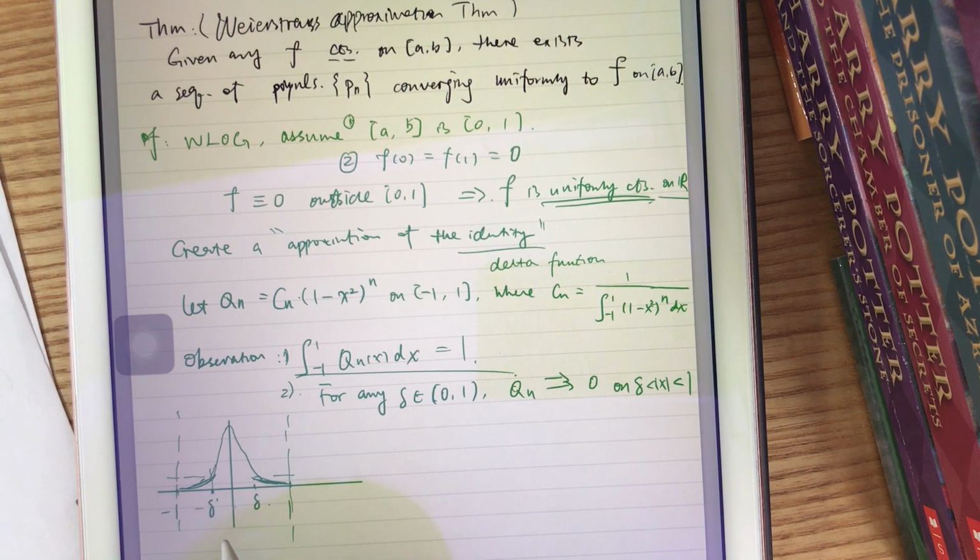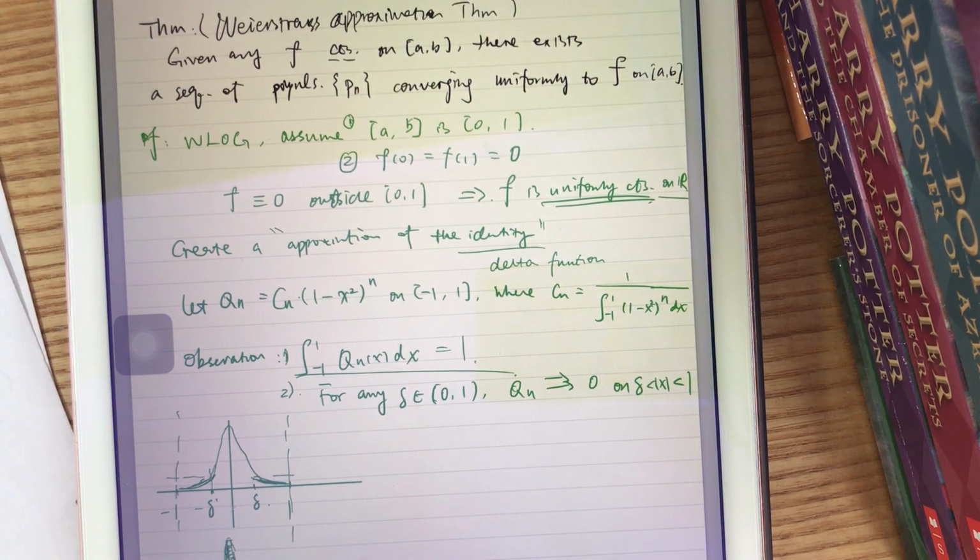So it will spike near the origin, because the area under the function has to be 1, because that's the meaning of the integral, right?